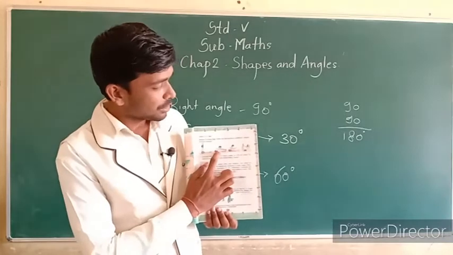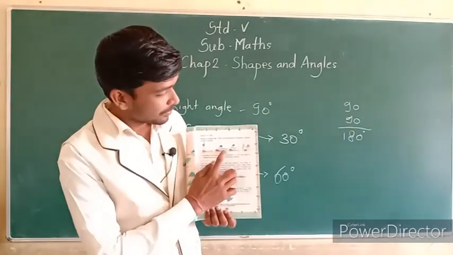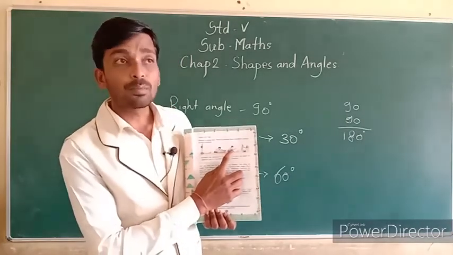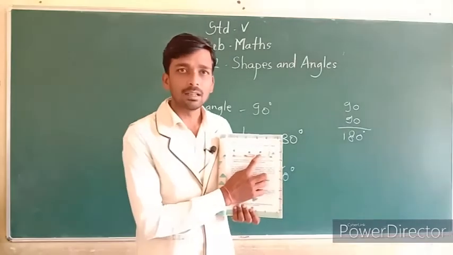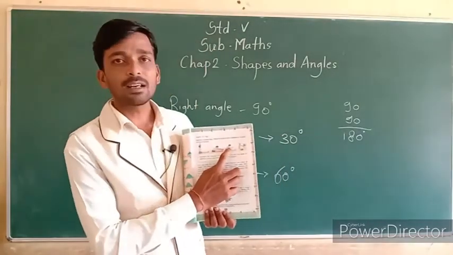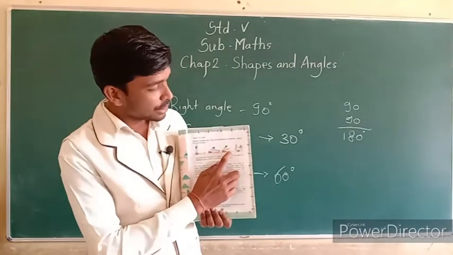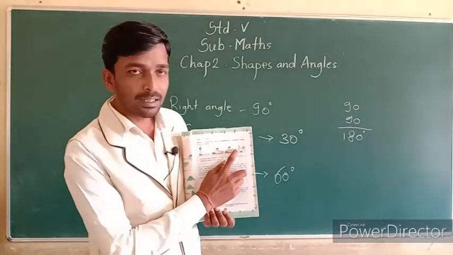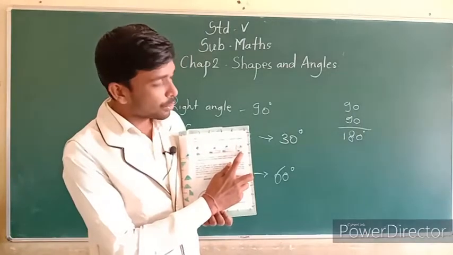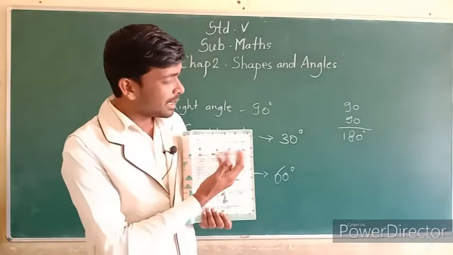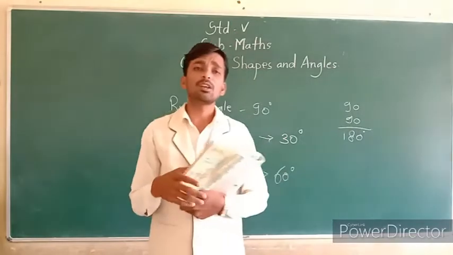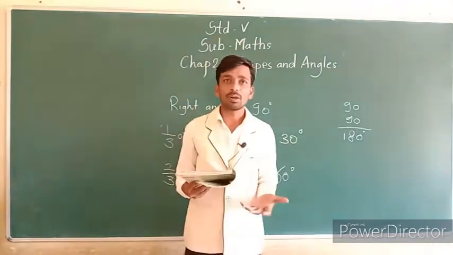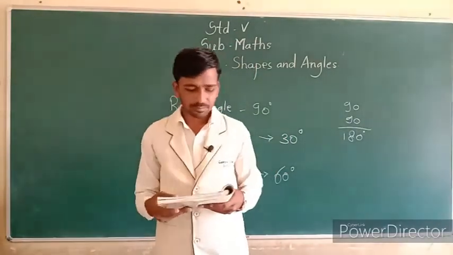Here this is also a less than right angle. See, this is obtuse angle, means more than right angle. This is also more than right angle. Here they show less than right angle. Many angles are formed in that yogasana or in those body parts, okay.